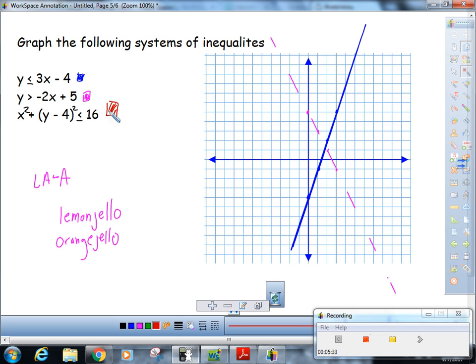It would be a parabola if the y was single and the x was squared, but they're both squared. Okay? It looks like the distance formula. What's the center of that circle? (0, 4). What's the radius? 4. Good answer. Is this going to be filled in or dashed? It's filled in?